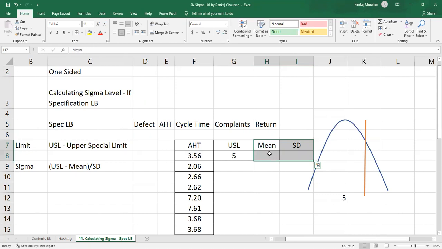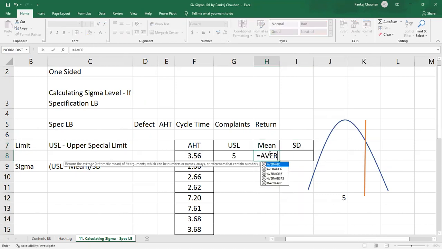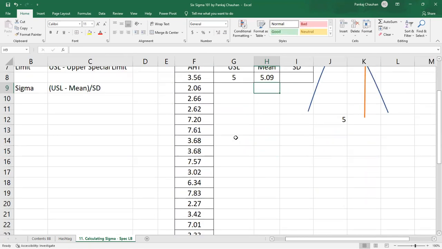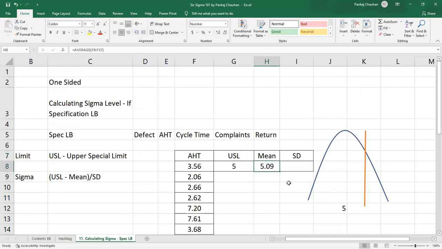Now, the average formula is equal to average, selecting your data. My average AHT is 5.09, where my target is 5, which means on average I am higher than the target. That means I have more than a 50% chance of defects, because if the difference is exactly 0, then it is 50%.